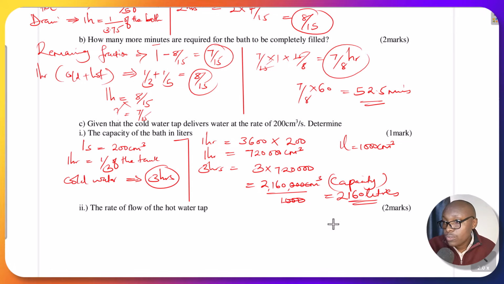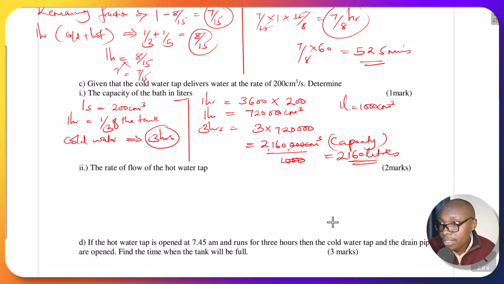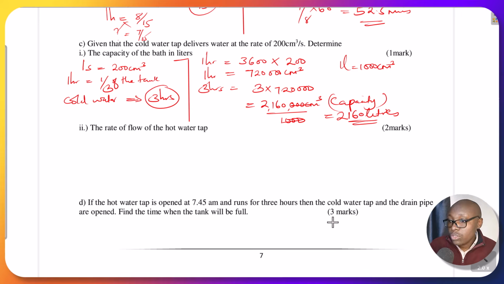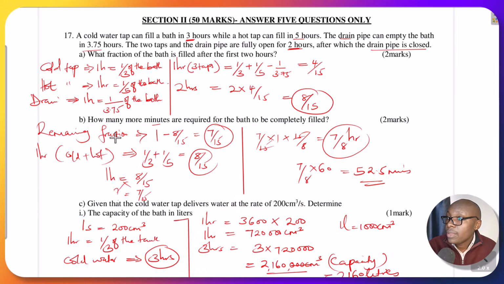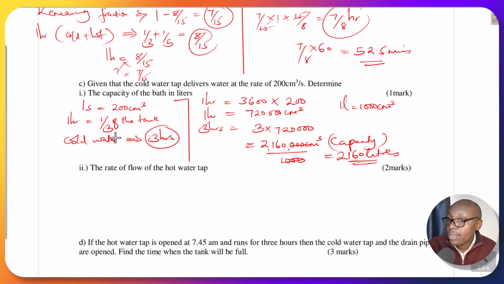So part 2, the rate of flow of the hot water tap. We also need to get the rate of flow for the hot water tap. Remember up there we said that the hot water tap can fill 1/5 of the bath in 1 hour.